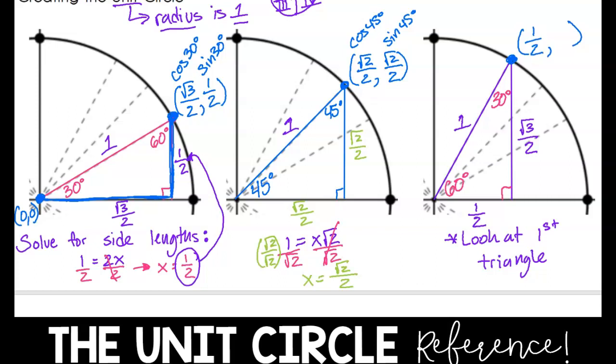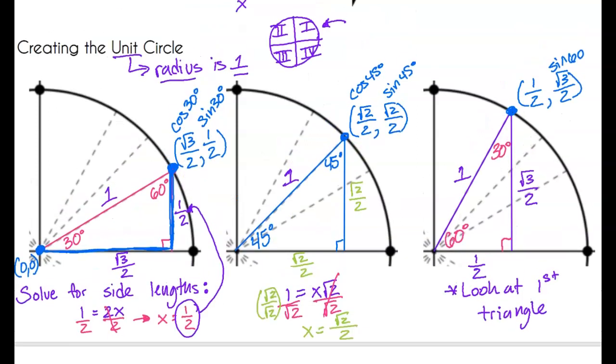So what's our y value? Yes. All right. So that means that the sine of 60 is square root 3 over 2, and the cosine of 60 is 1/2. It's always going to be that the cosine is the x value and the sine is the y value. Always, always.